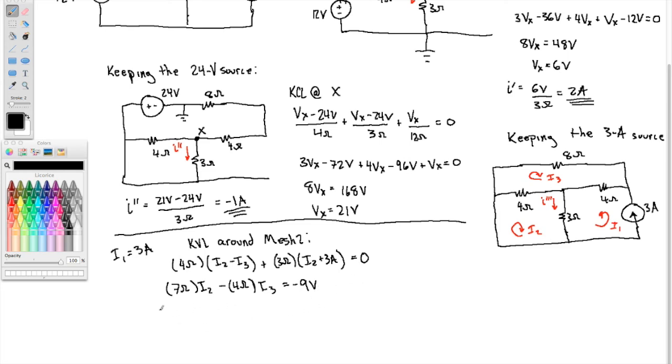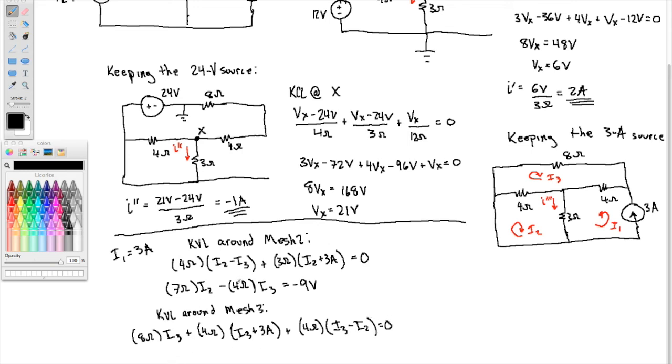Okay, KVL around mesh 3. So this gives me 8 ohms times I3 plus 4 ohms times I3 plus 3 amps plus 4 ohms times (I3 minus I2) equals 0.